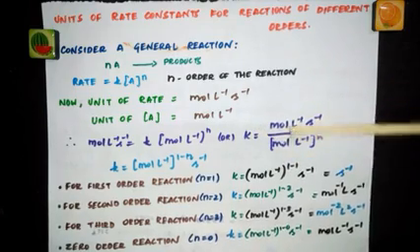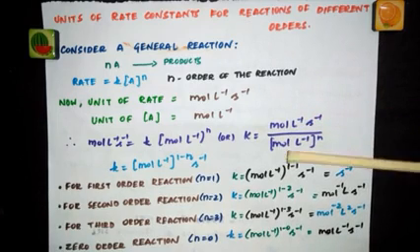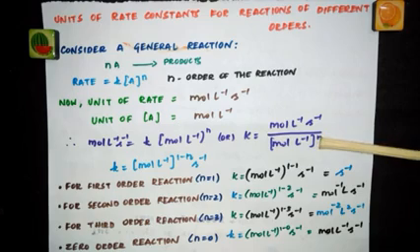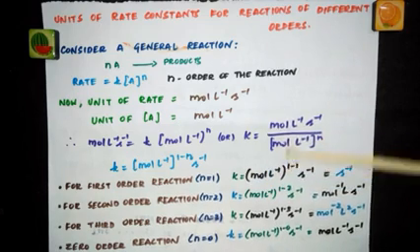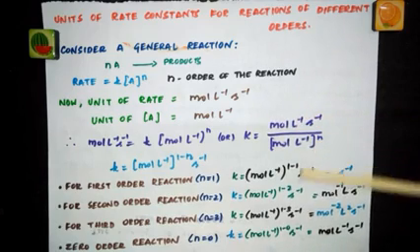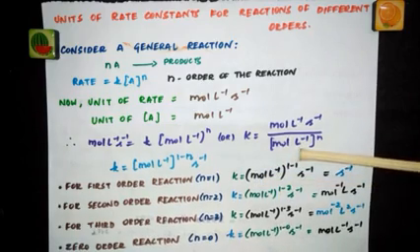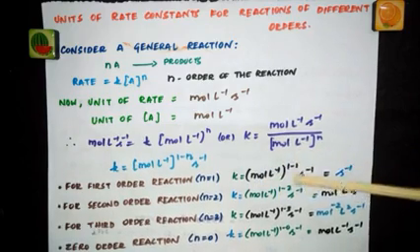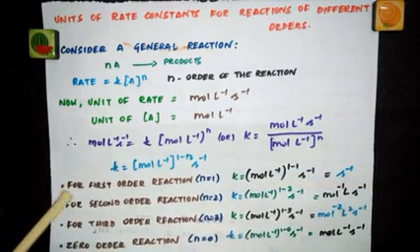Here also you have mole liter inverse. Here the power is 1. When nothing is there, it is considered to be 1. Here, mole liter inverse power 1 because it is first order. So how can you write it? Mole liter inverse to the power 1 minus 1, and second inverse. So this becomes 1 minus 1, which is 0. Anything to the power 0 is 1. So the unit of rate constant is second inverse for a first order reaction.